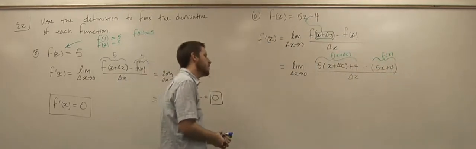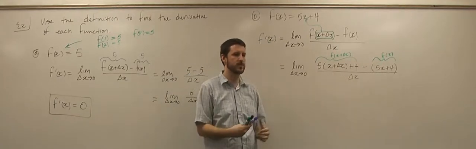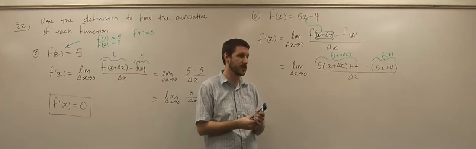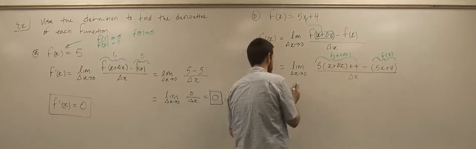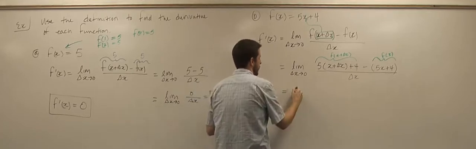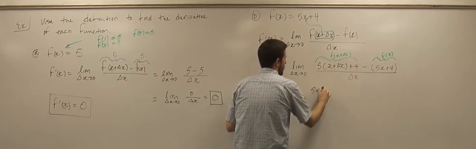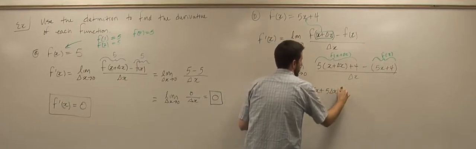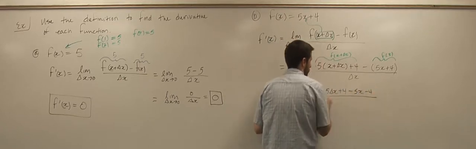Now you can't just plug in delta x equals 0 because you get 0 over 0. So you do the algebra and make sure everything cancels, or at least enough cancels. On top, I'll distribute out that 5 and distribute out that negative: 5x plus 5 delta x plus 4 minus 5x minus 4.